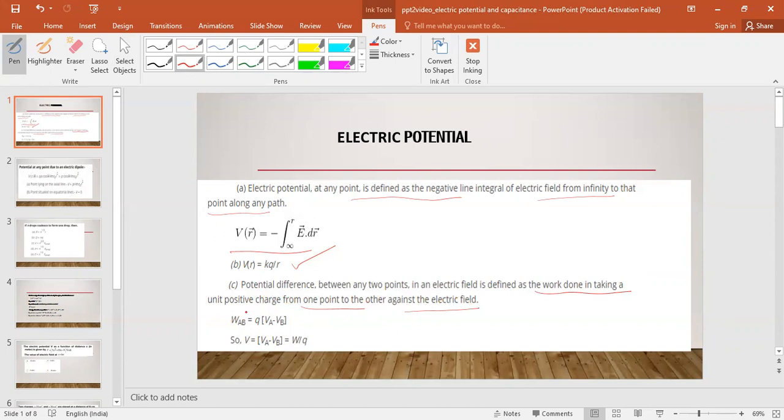So the work done in a potential field is W_AB is equal to Q into (V_A minus V_B). So the potential difference between the points is W by Q, or V_A minus V_B.